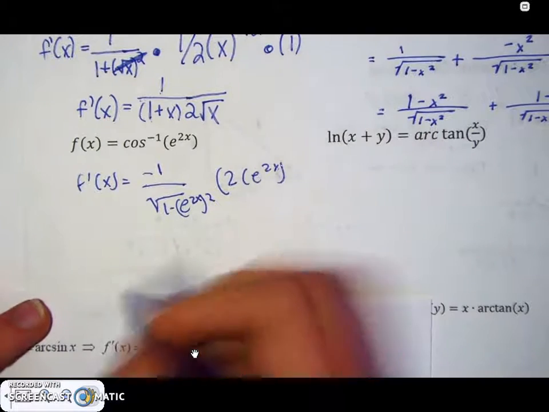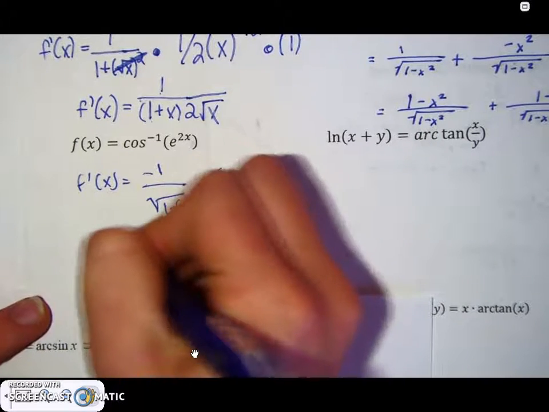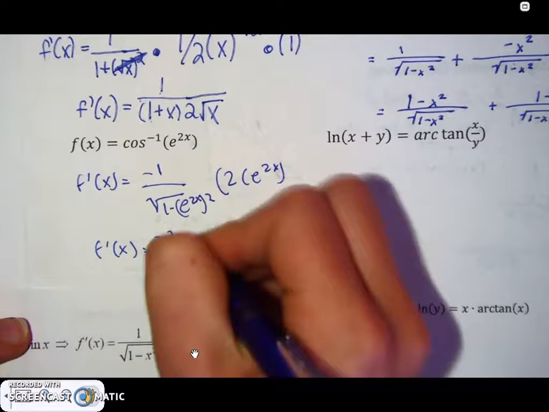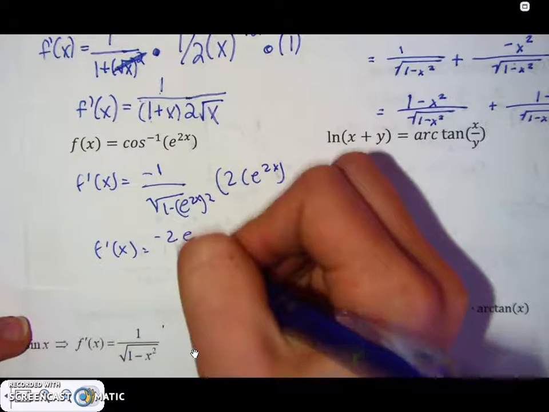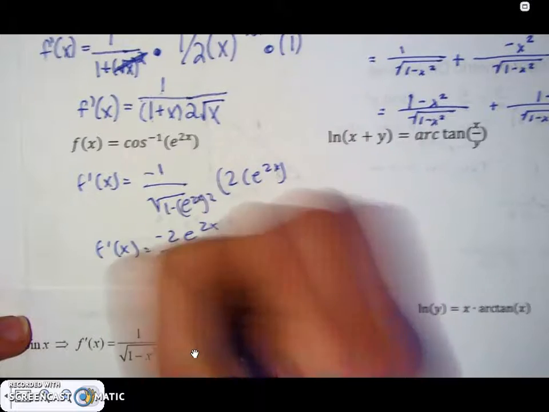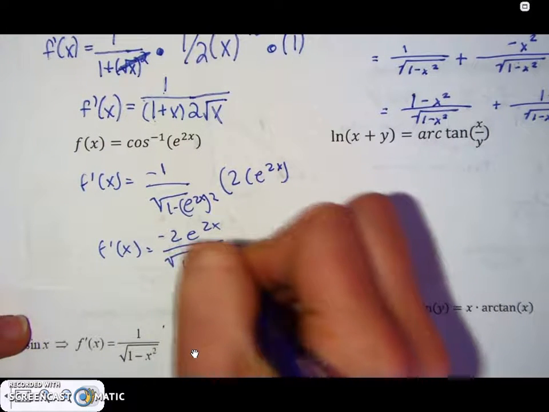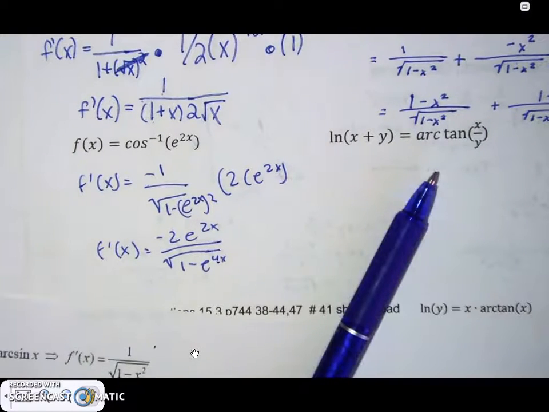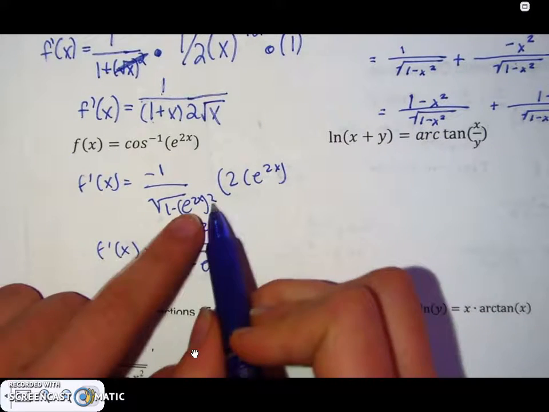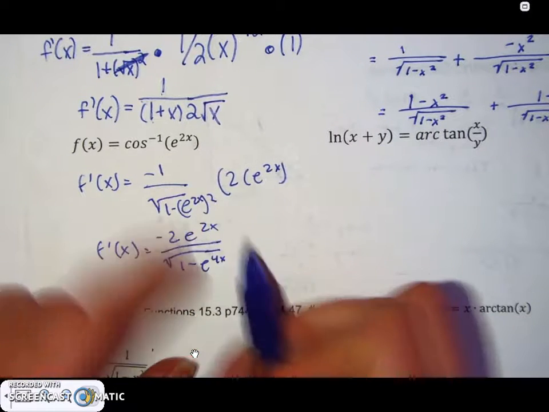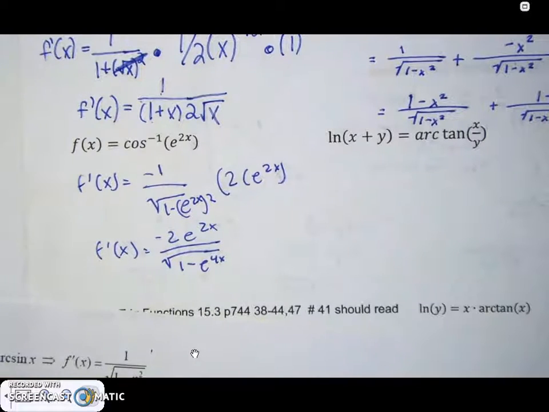And then to simplify that, you'll get negative 2e to the 2x divided by the square root of 1 minus e to the 4x. Ta-da! Oh, for the 4x, when this e to the 2x is squared, you multiply that and you get 4x.